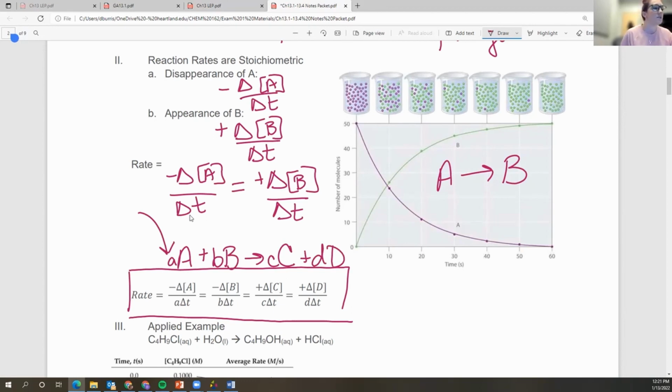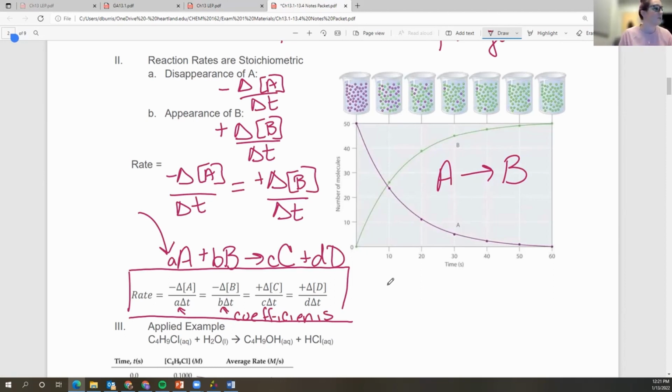And then I want you to notice the little a, little b, little c, and little d down here. These guys right here are the coefficients in the balanced reaction. So this will account for those changes in ratios, okay? So if they have a 1-to-2 ratio, the rates will be, one will be halved or one will be doubled, depending on how you're looking at it.